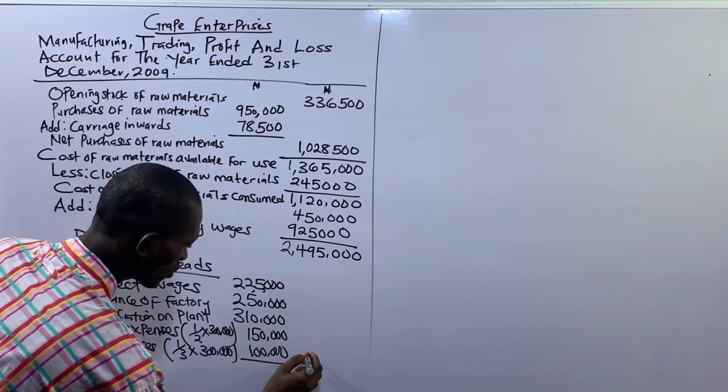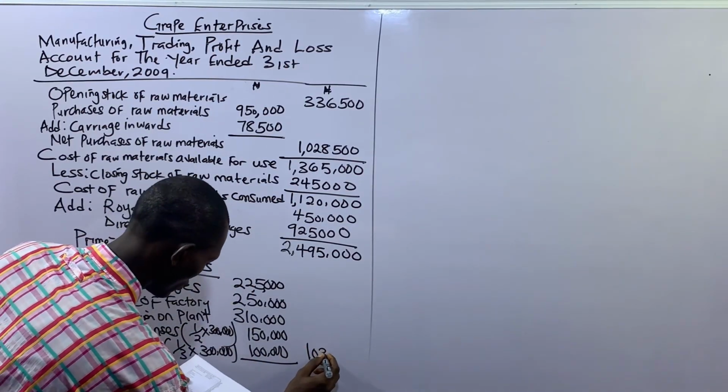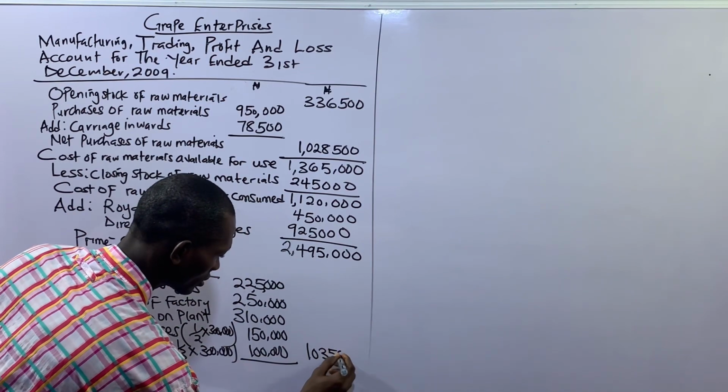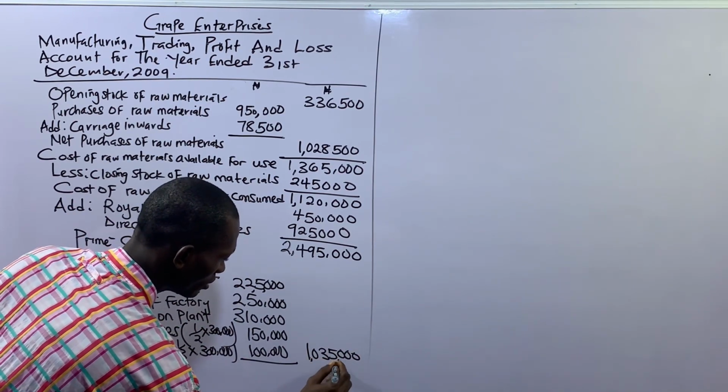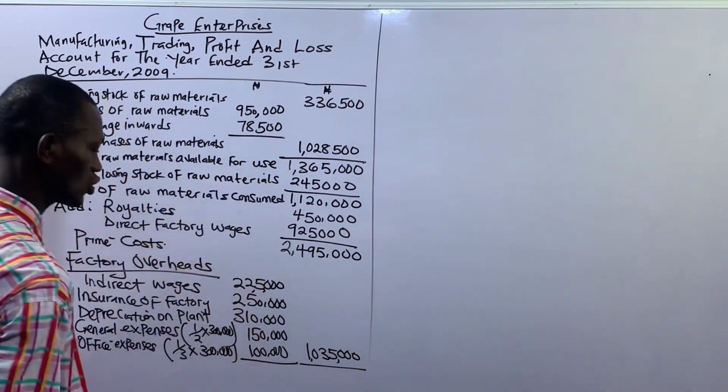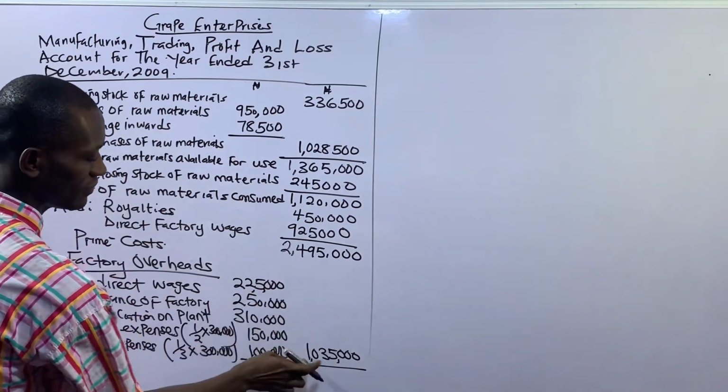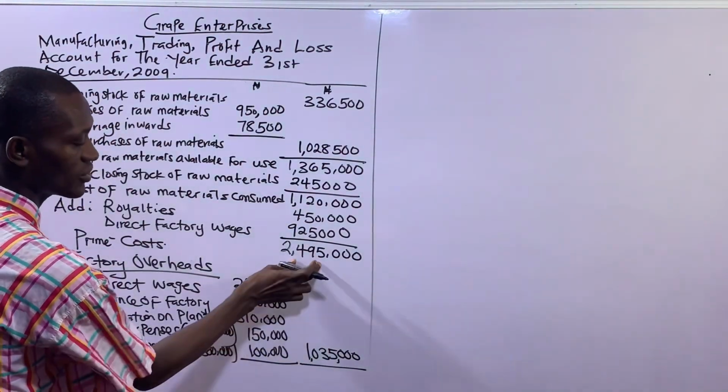So that gives us 1,035,000. So we are going to add the total factory overheads with the prime cost.